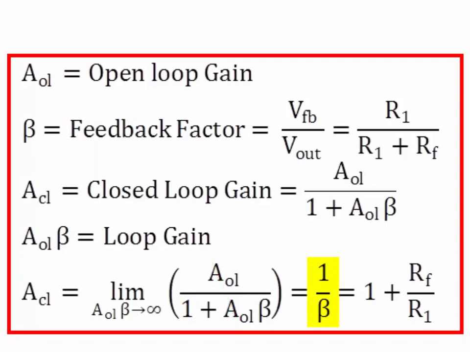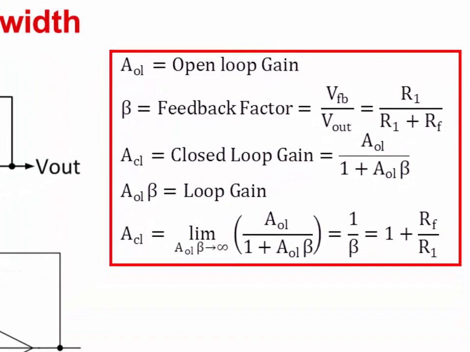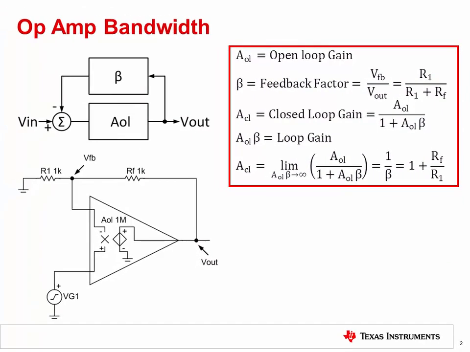Substituting the equation for beta from above yields a closed loop gain of 1 plus RF divided by R1. This is the common closed loop gain formula for a non-inverting amplifier. The main point to understand is that this equation is only true for very high values of loop gain. Later, we will see what happens for low values of loop gain.